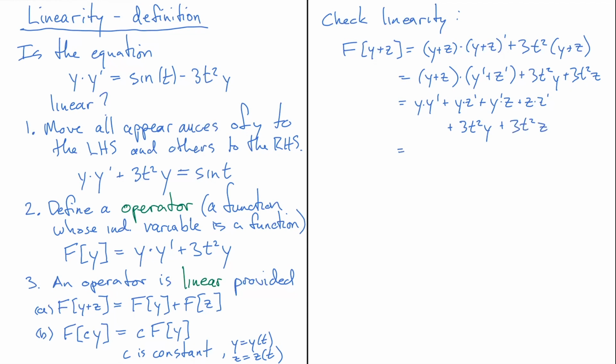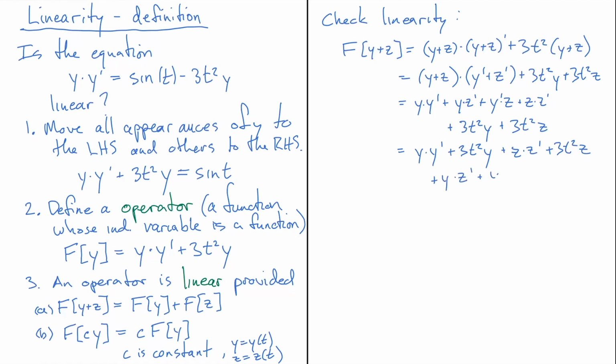And now I'm going to group these because I can make an operator looking thing here, y prime plus 3t squared y. Hey, that looks good. And then I can add plus z times z prime plus 3t squared z. That also looks good, and the reason I say that is those two pieces are actually f of y and f of z. But I have some leftovers.